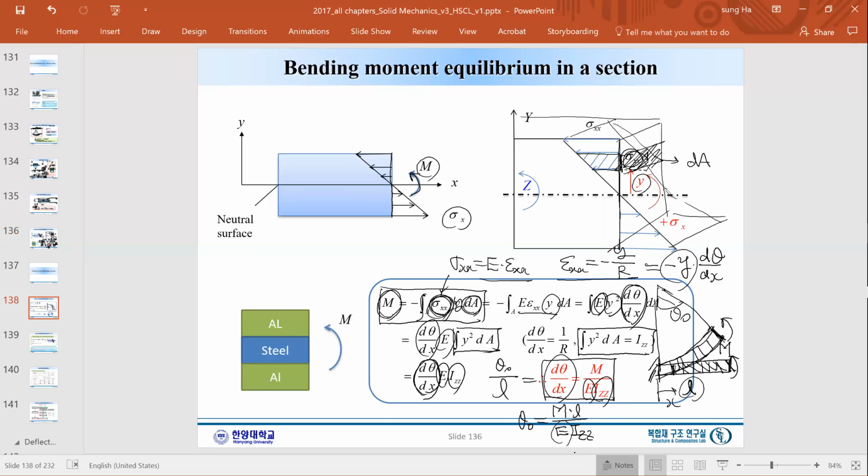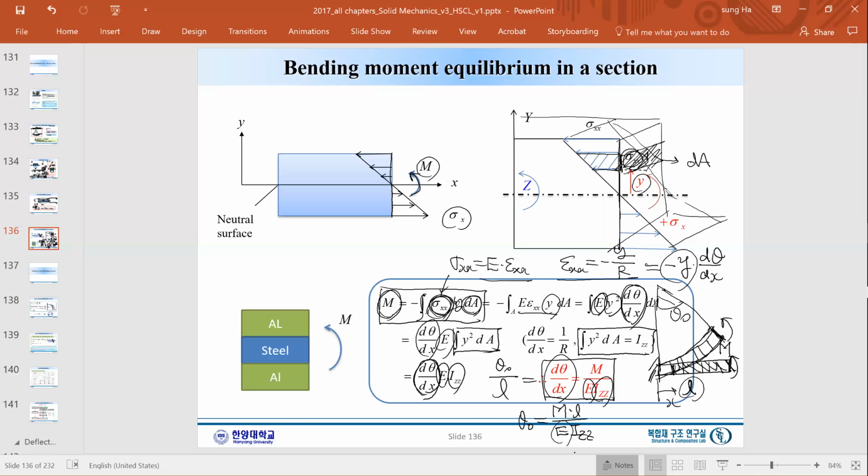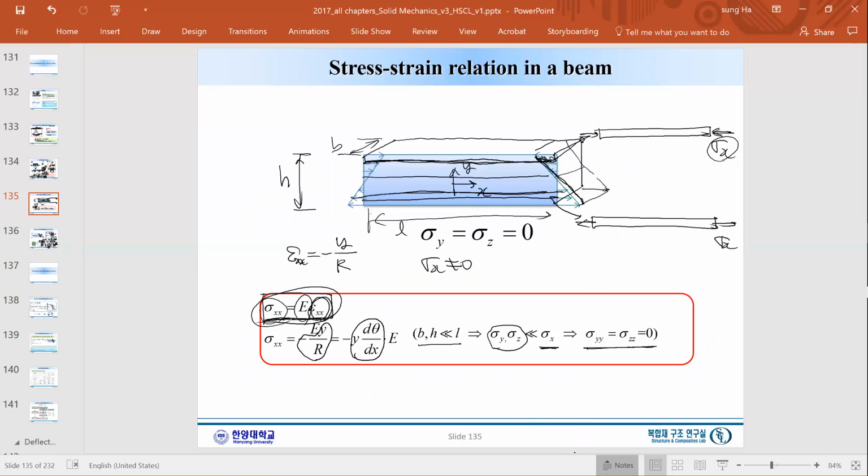Okay, and then let's try to calculate stresses. Remember, we had a stress in terms of epsilon xx, but this time d theta/dx was the unknown, and now d theta/dx is known: the moment divided by E times I. So we put it back and then we calculate the sigma xx.